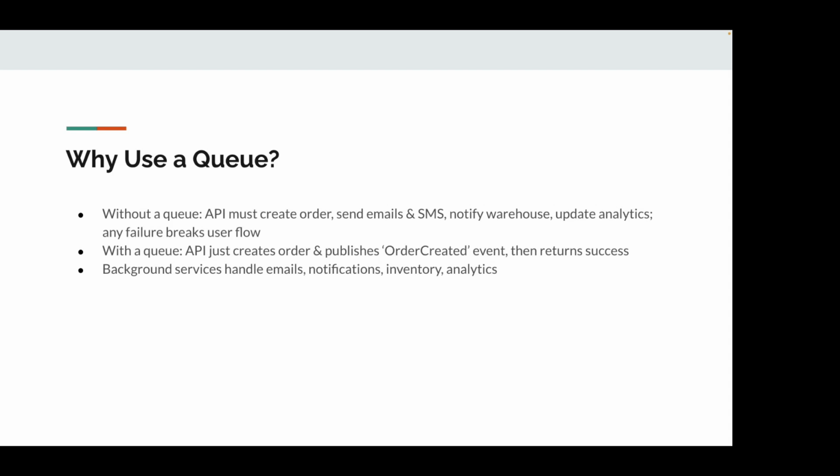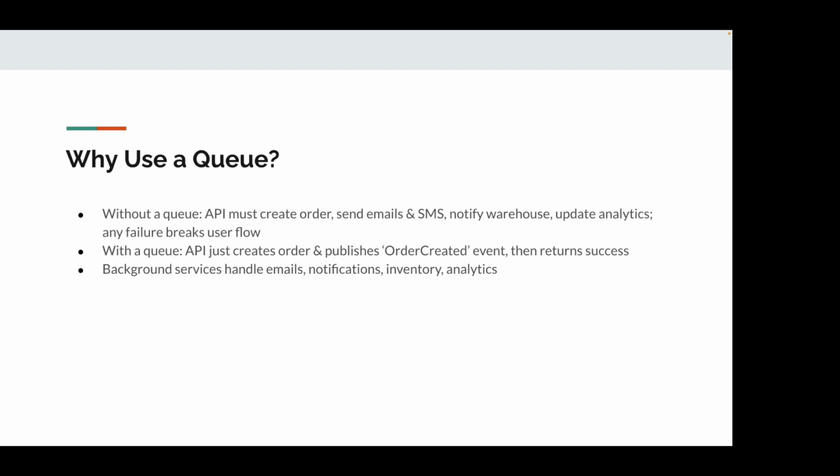What happens is this producer needs to wait till the notification service API is executed properly. Or you can also say that this producer won't wait for the notification service API to execute. It will just delegate the work and pass on. But in that case, if the notification service fails, the notification will never be sent to the customer.